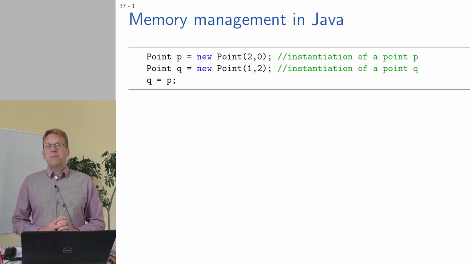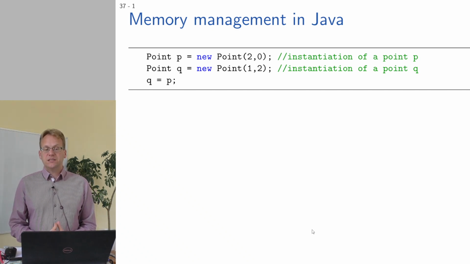A little bit more about memory management in Java, a topic that I haven't addressed so far at all. Let us look at this very short example. We have a point object P instantiated like this, with the constructor call. Second, we have a point object Q. Again, we create a new point object somewhere in the memory of our computer, and then we do an assignment like this.